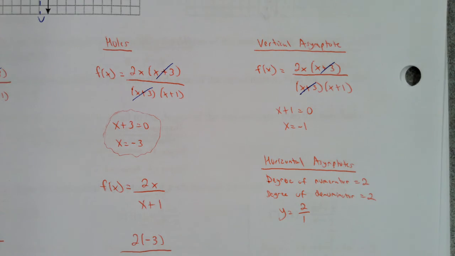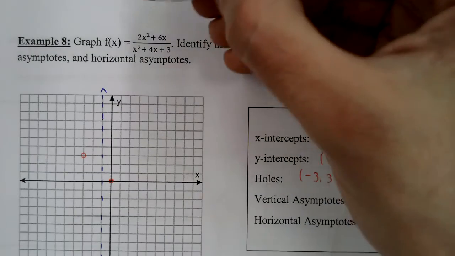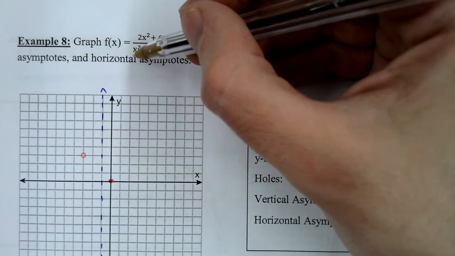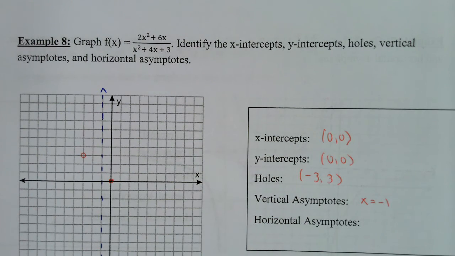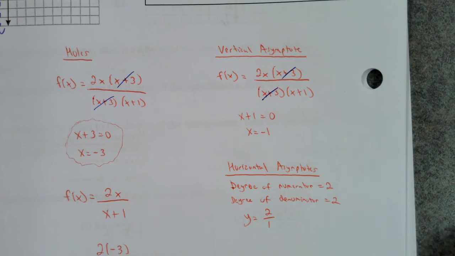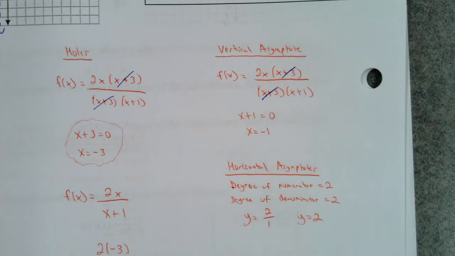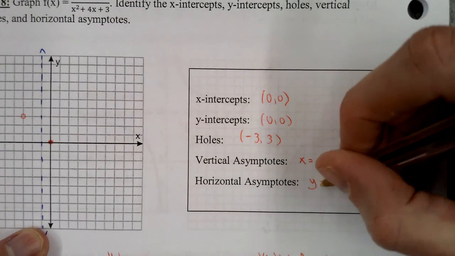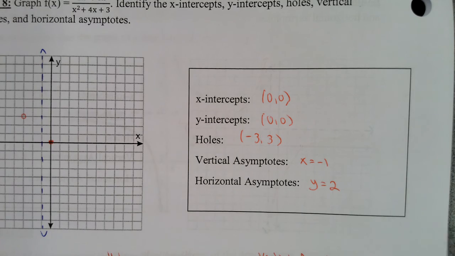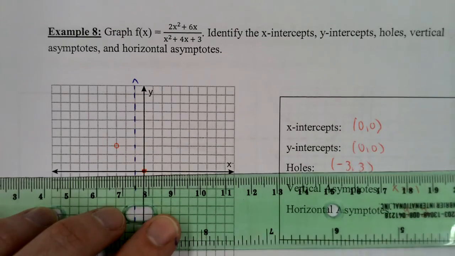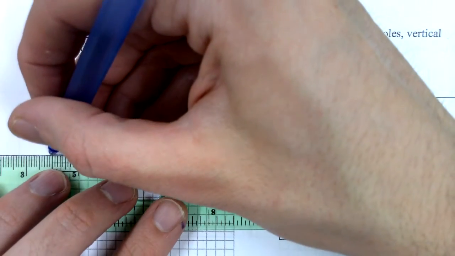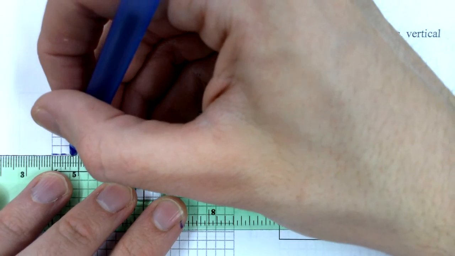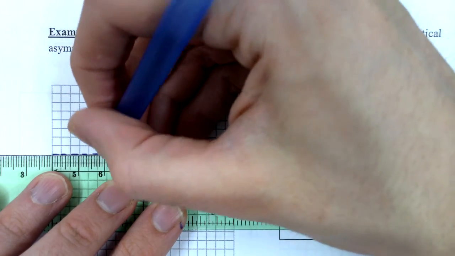Leading coefficient of the numerator divided by leading coefficient of the denominator, which is 2 divided by 1. So y equals 2. Graph that, horizontal line at 2. And now we have our asymptotes graphed, which is great. Let's just get a few additional points and let's end it.